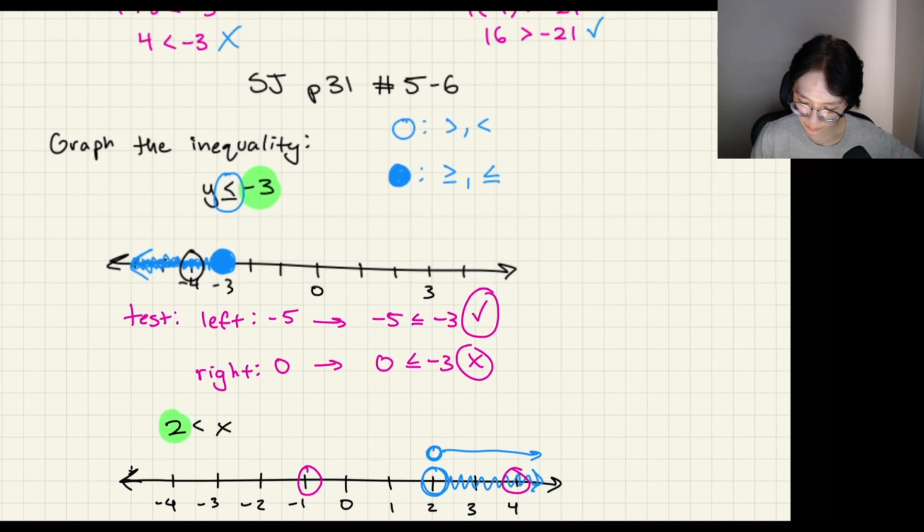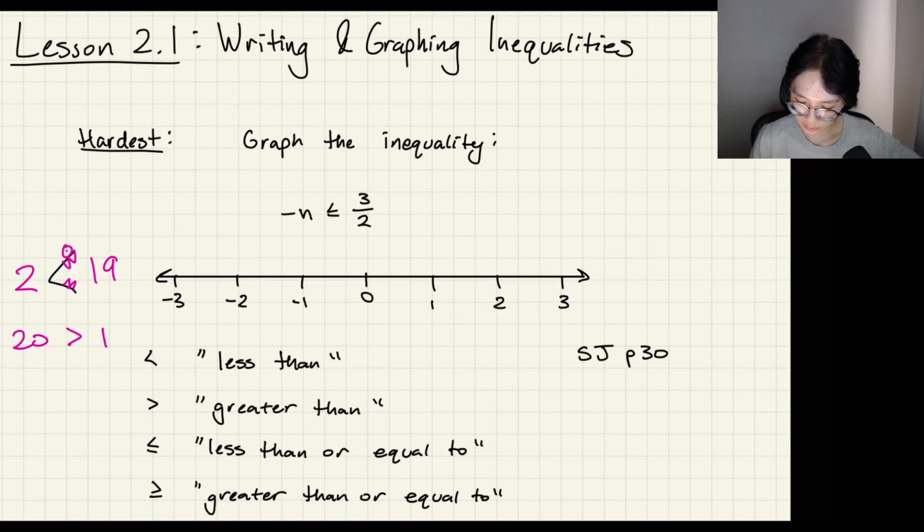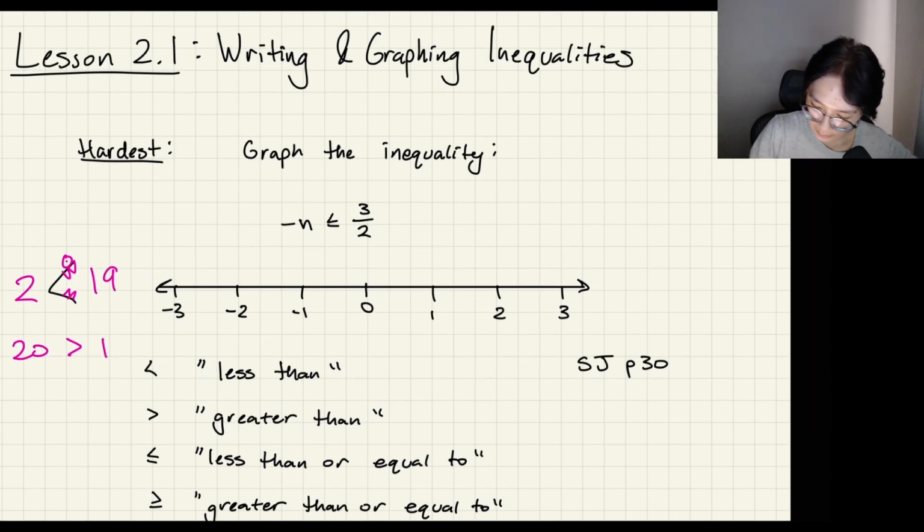So, let's wrap up. Try to do this hardest inequality. This is skipping ahead a little bit, but I'll tell you, if you really want to brute force it, you can. We can see, okay, at the very least it starts maybe at 3/2, but it doesn't do that because it's a negative n.